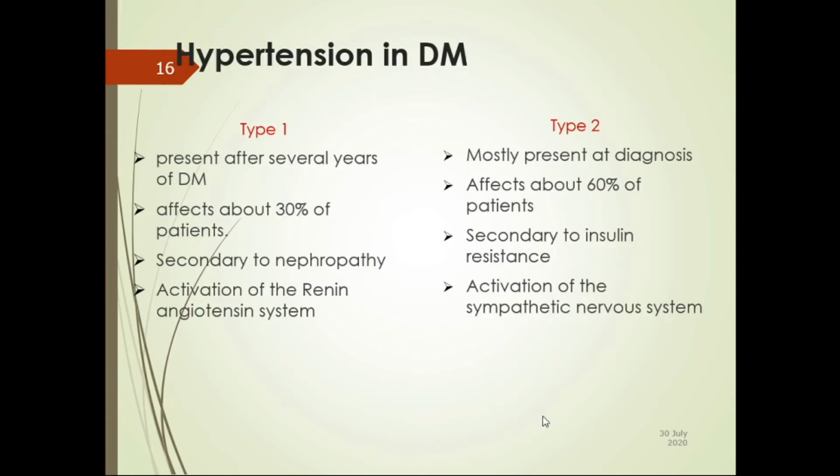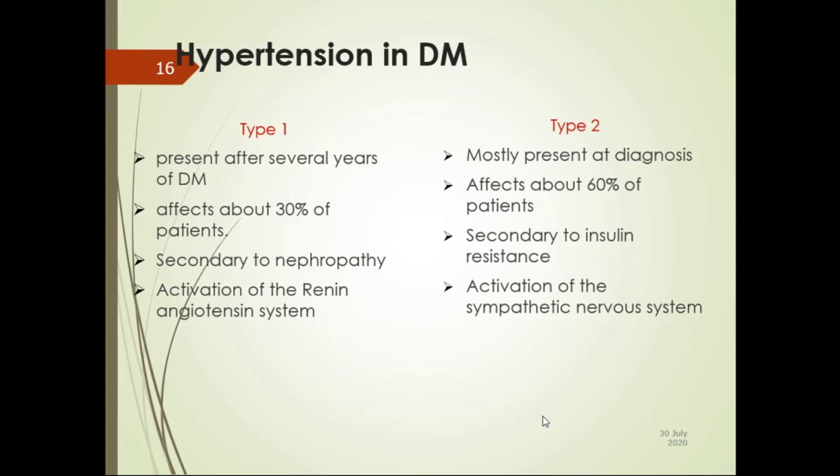So let us now compare the risk of hypertension between the two types of diabetes, type 1 and type 2. In type 1, it is present after several years of diabetes mellitus, but you will notice that in type 2, it's mostly present at diagnosis of diabetes. It affects about 30% of patients with type 1 and about double that in type 2, about 60%.